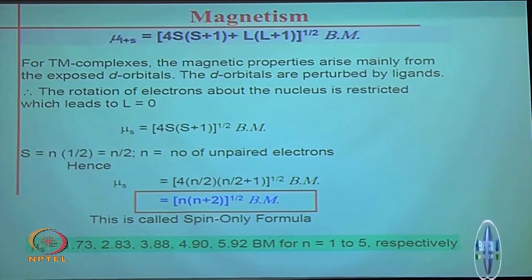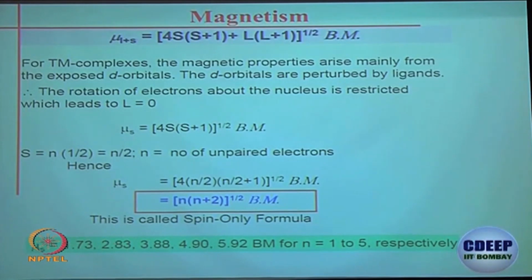So if you have one unpaired electron, 1 multiplied by 1 plus 2, root of 3, 1.73. Two unpaired electrons, 2 multiplied by 2 plus 2, root of 8, 2.83. There is an easy way to remember it: 1.73, 2.83.